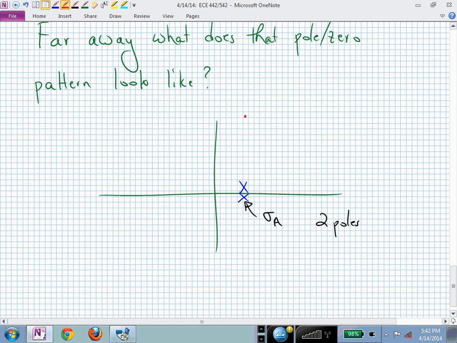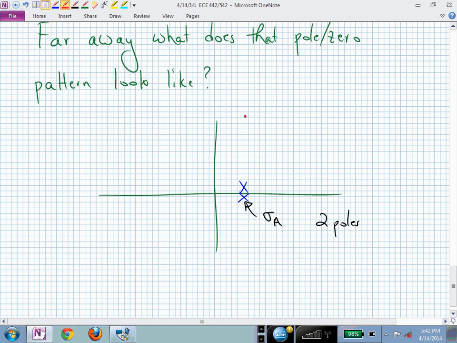Is that red dot, does it belong to the root locus? And how do you know? Yes or no? And this could be an exam question. I could just put down 2 or 3 X's and draw a point and say, does that point belong to the root locus? You wouldn't have to sketch the root locus. You could just do a calculation. And what would that calculation be?